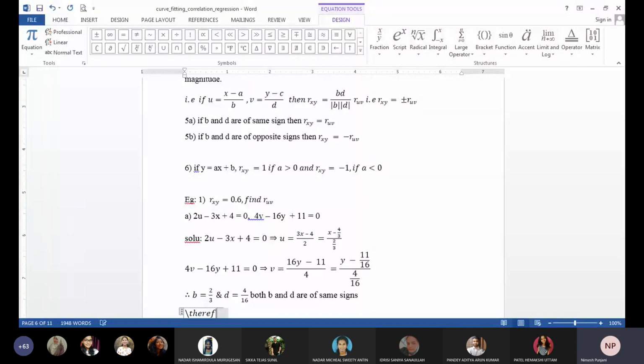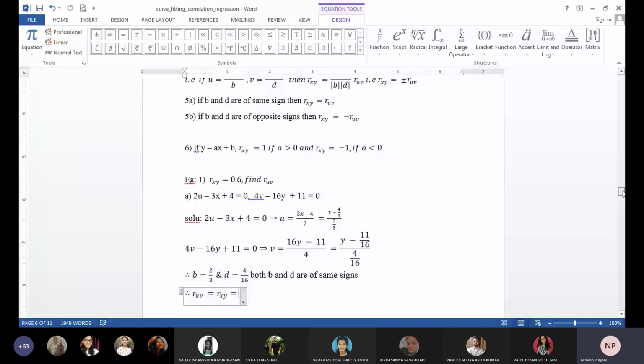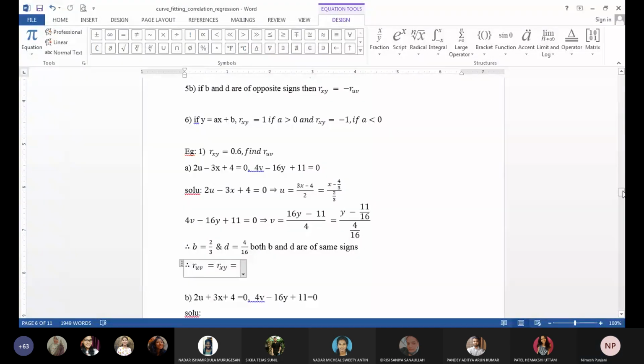So by property 5A, we get Ruv is the same as Rxy. The answer is 0.6.